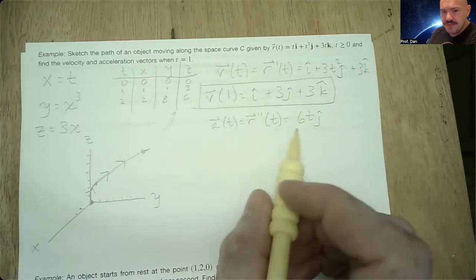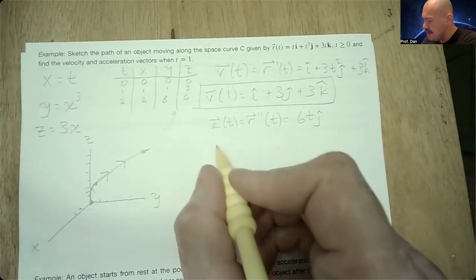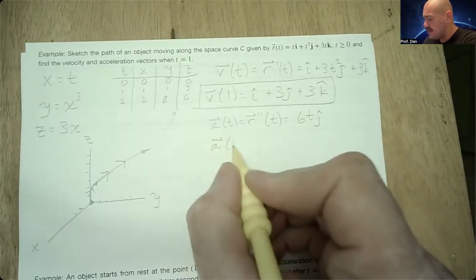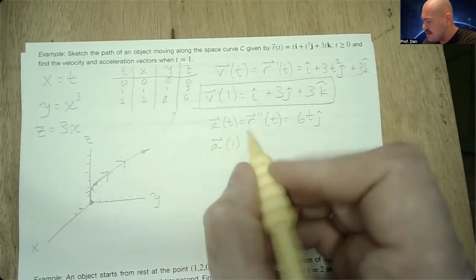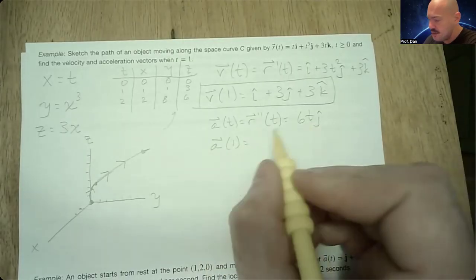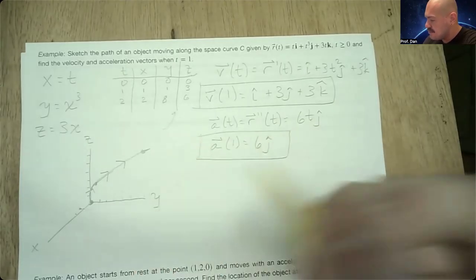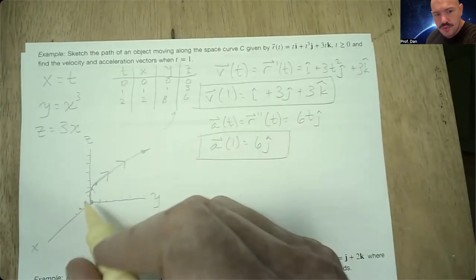So the acceleration vector is 6tj. And if I wanted to find the acceleration vector when t is equal to 1, I would just plug 1 in for this t here, and I would get 6j. So the acceleration is only in the y direction.